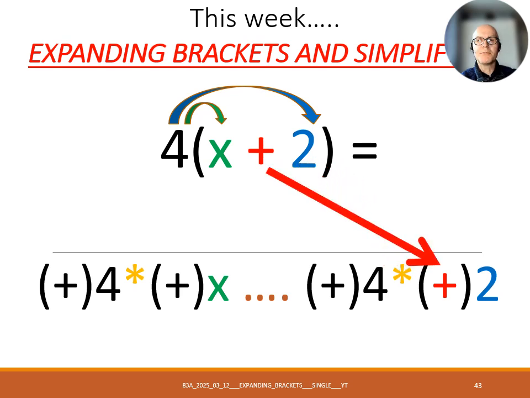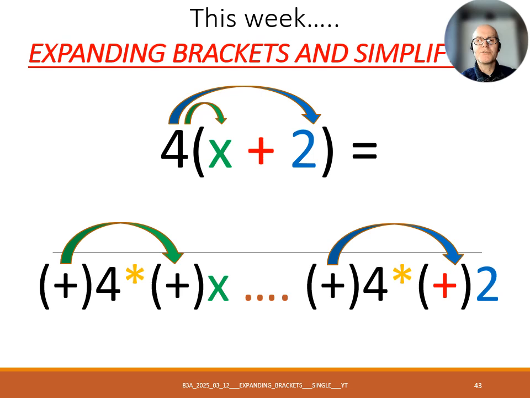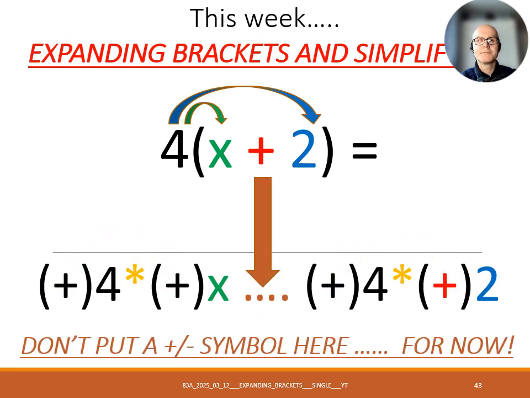Here's where the positive sign comes from for the positive 2. Positive 4 times positive x and positive 4 times positive 2. Keeping it in our two separate chunks until we get to the final end stage.